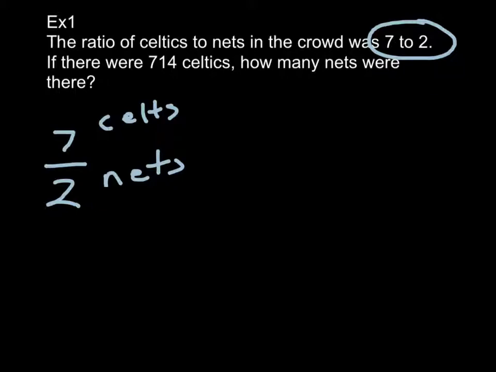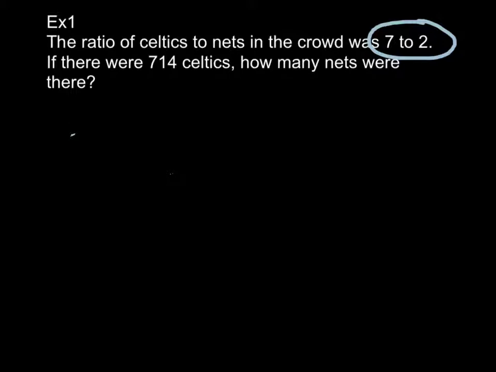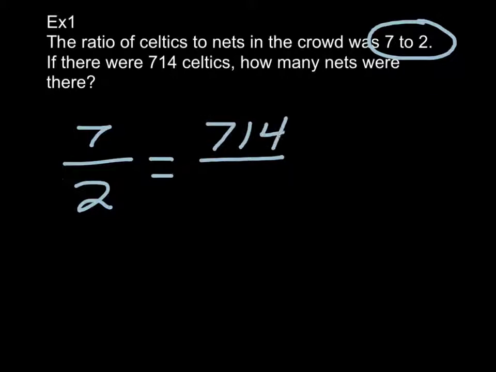So I'm actually going to erase this so I have a little bit more room, and then I'll write the ratio again. So we have 7 to 2. Now, if we know that there's 714 Celtics, I have to make sure that I write the other part of this ratio the correct way. 714 has to go on the top, because 7, representing the Celtics, was on the top.